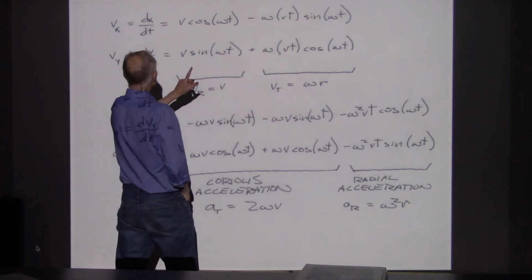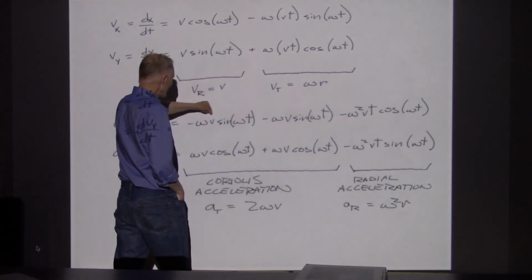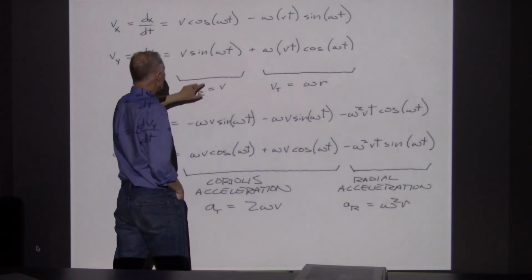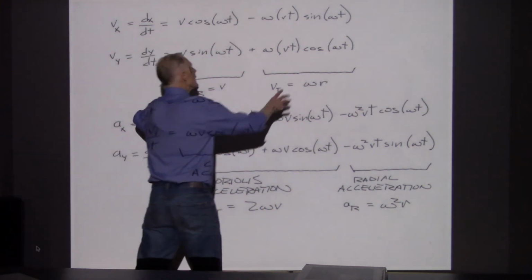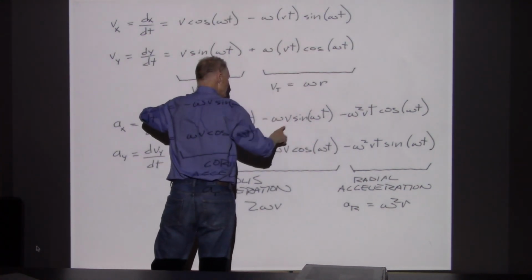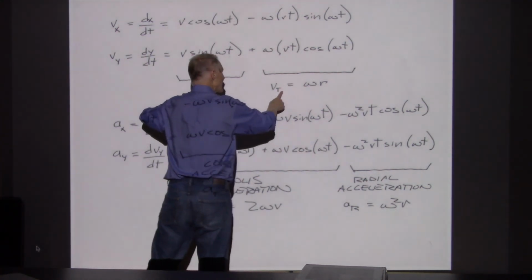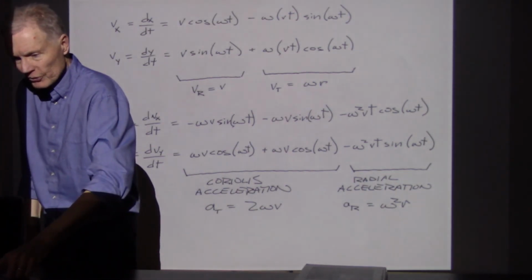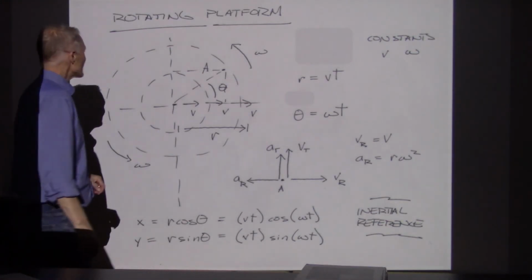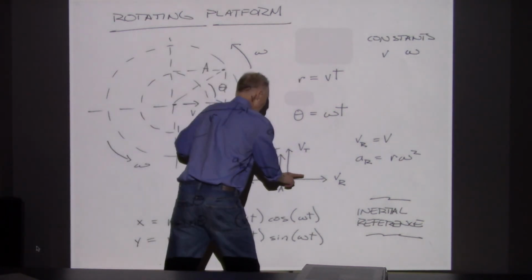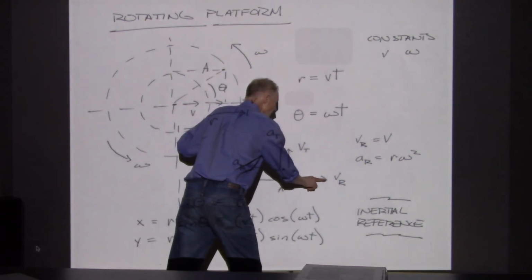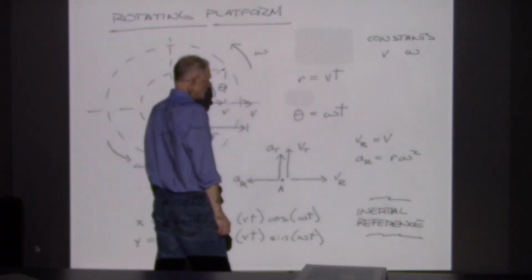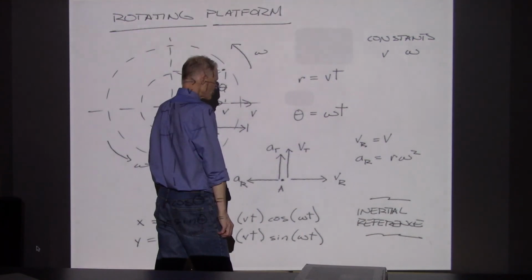Well, we picked up a factor of omega v from taking the derivative of the radial velocity, and we also picked up a factor of omega v from the tangential velocity. What's interesting is that we've got two velocities going on, and as this velocity happens, we are heading into regions where we are going faster and faster.